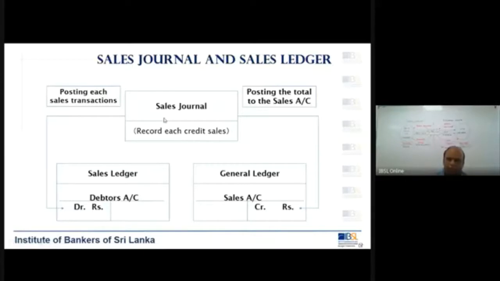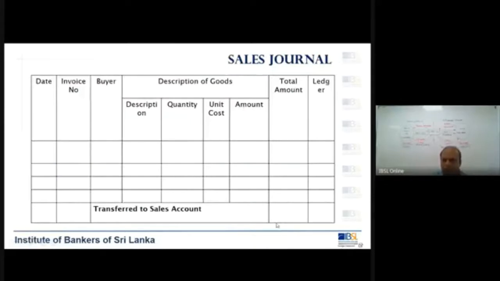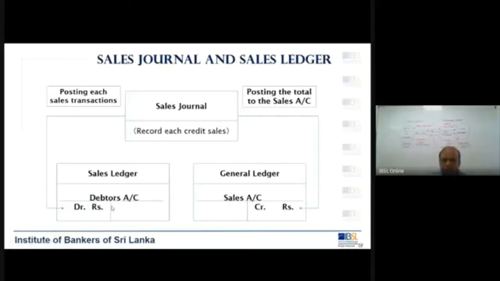You have recorded all the sales, and now with the total that you get here, you will generate the double entry. You will debit an account called debtors with the total, and you will credit an account called sales with the total. Okay.